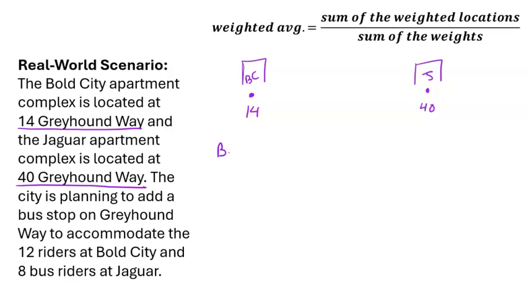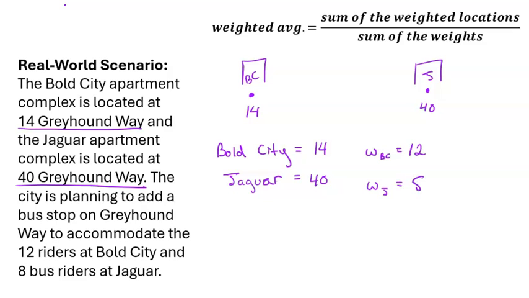So I'm going to write out Bold City, which is at a location of 14, and the weight of Bold City is those 12 riders. And then we've got Jaguar, which is at location 40, and the weight of Jaguar is those 8 bus riders.